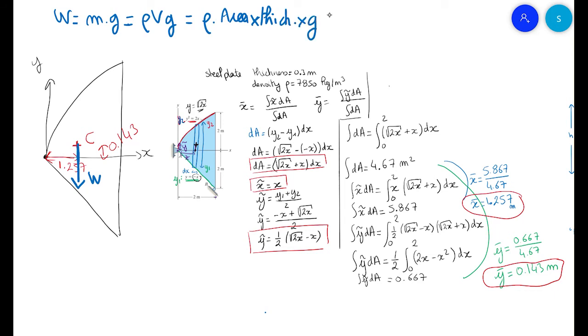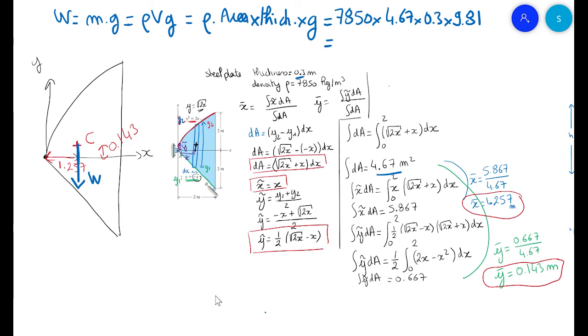Okay, so it means that your W is equal to rho, 7850, times the area, 4.67, times the thickness, 0.3, times g, that is 9.81.